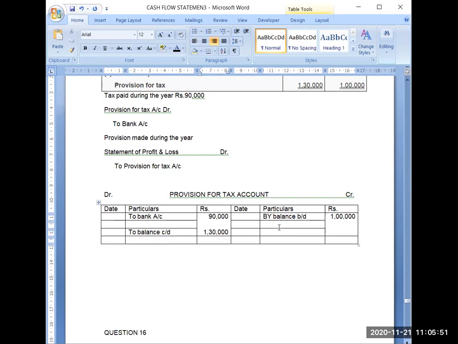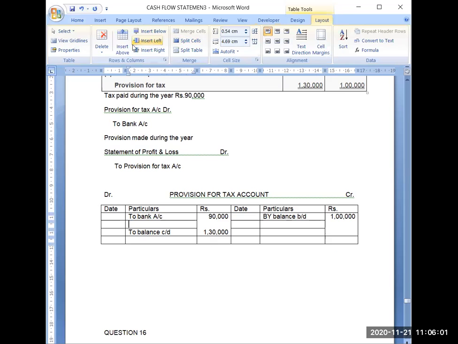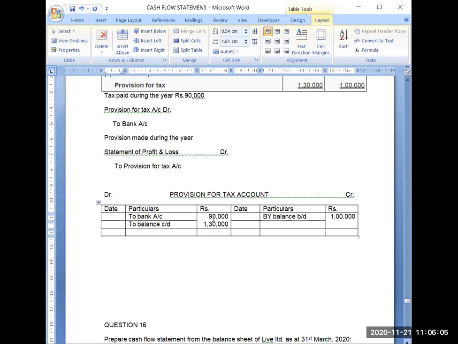So now I can calculate the fourth information from this account. How I will be calculating? The total will be here 2,20,000.